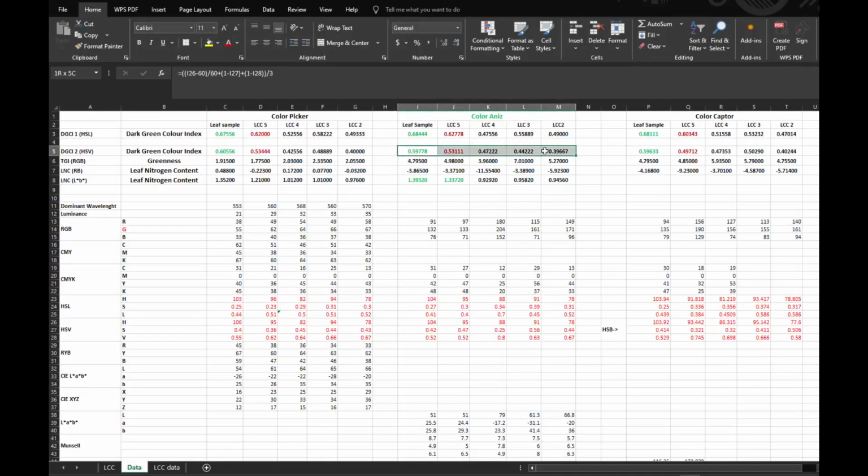When I look at these with the leaf sample, it's greater than LCC 5. LCC 5 is you're good. This, you need fertilizer. LCC 3 and 2, well, you're in trouble. That sort of thing.